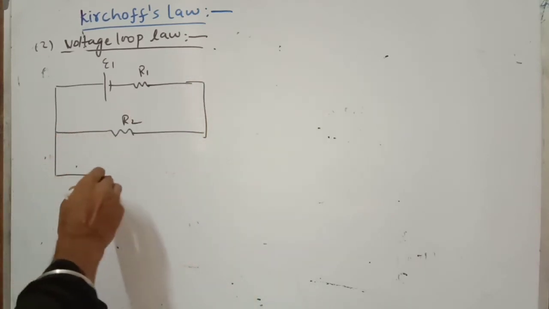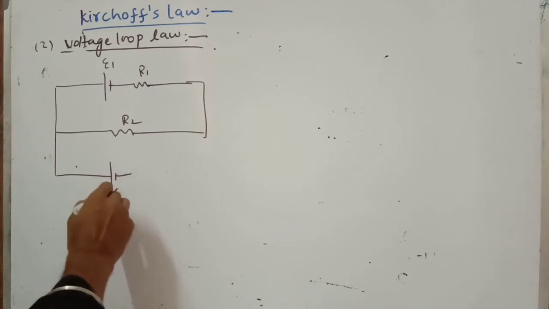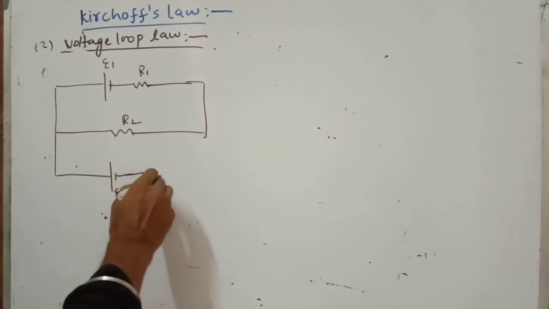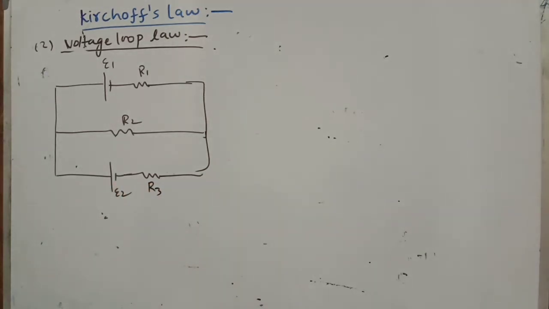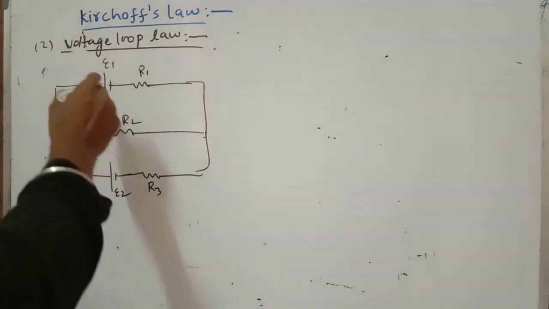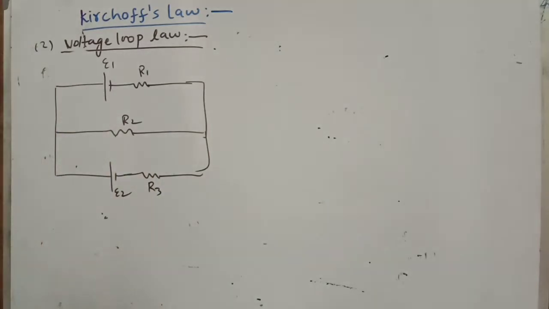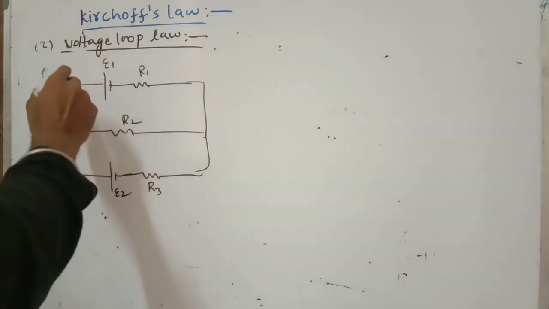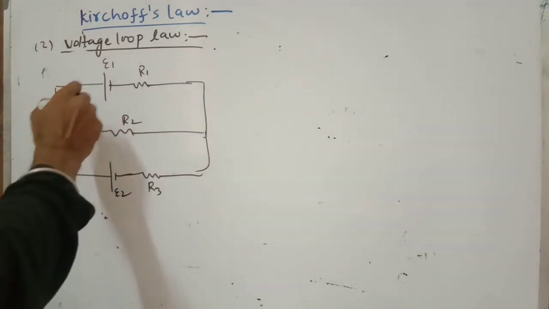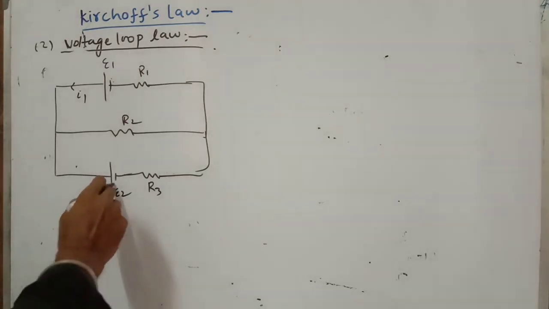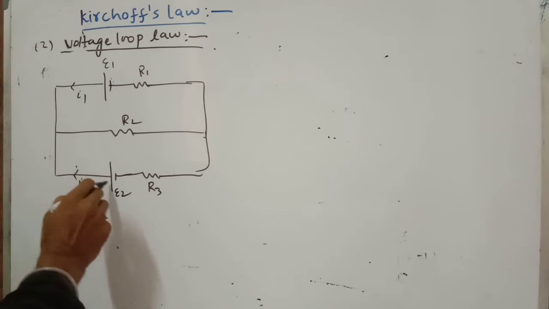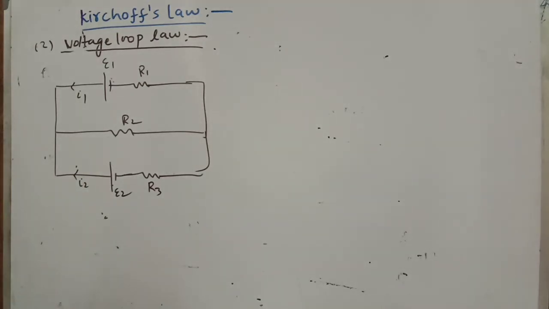Let another cell also be considered, with EMF E2, and another resistance R3. First you write the current in every branch. We consider I1 current drawn from this cell, and I2 current drawn from the E2 cell.